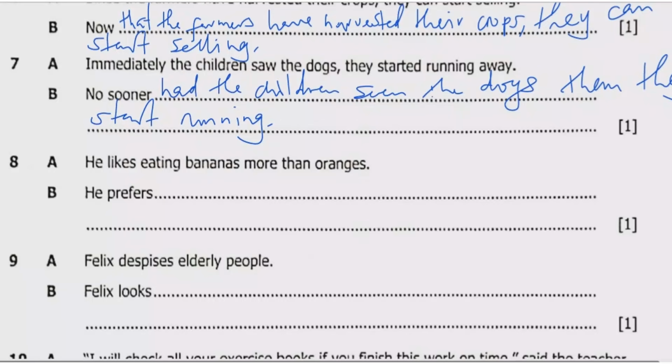We can say he prefers eating bananas to, and here many students would put the word than, which is wrong. You prefer something to something. So he prefers eating bananas to eating oranges.